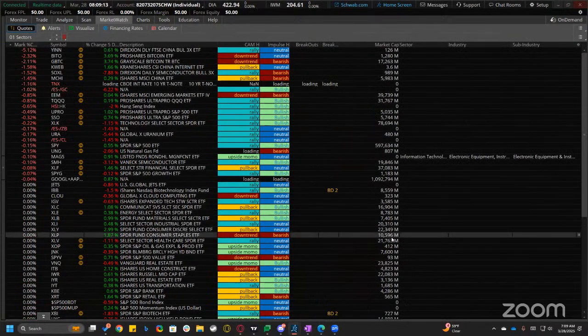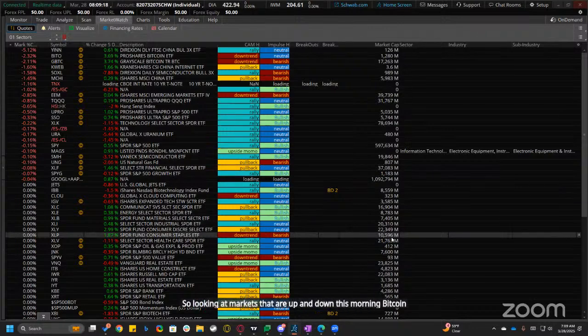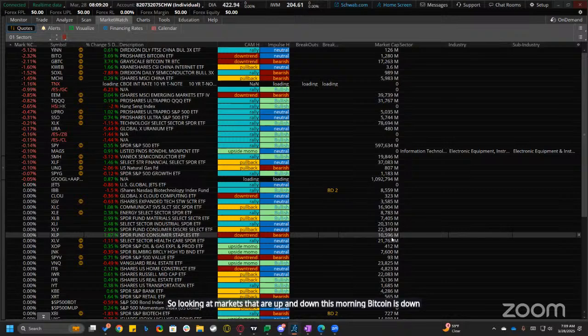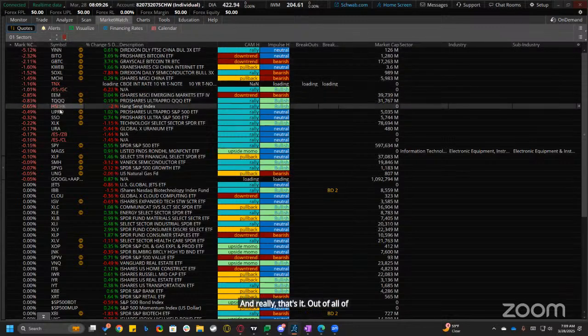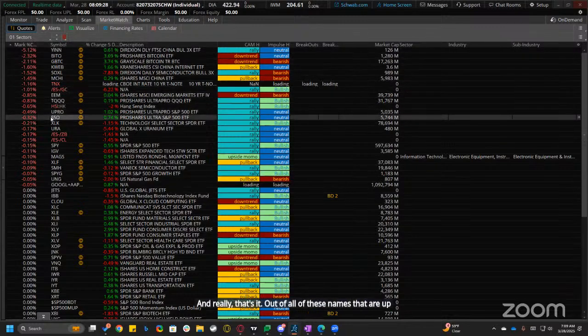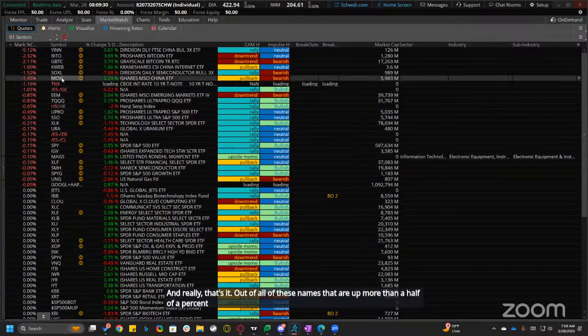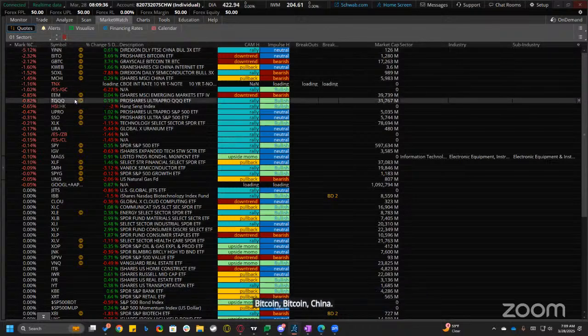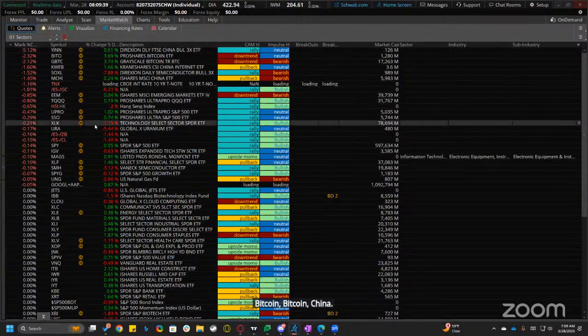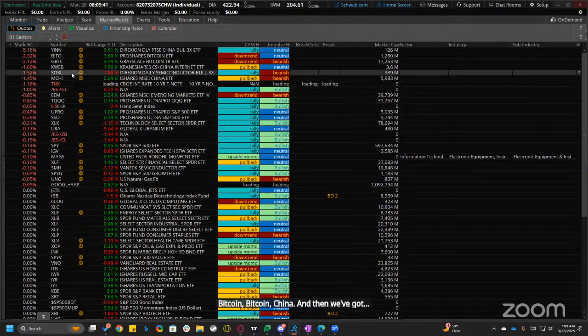So looking at markets that are up and down this morning, Bitcoin is down, China, and really that's it. Out of all of these names that are up more than 0.5%, China, China, Bitcoin, China. And then we've got triple X semiconductors are also down.